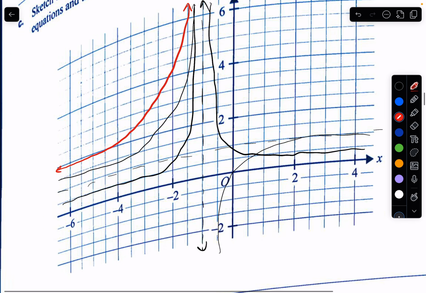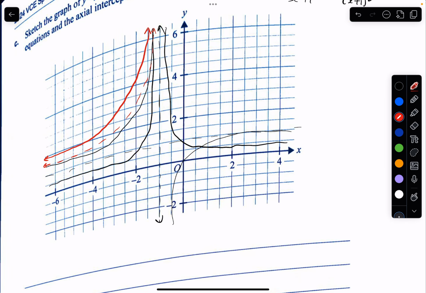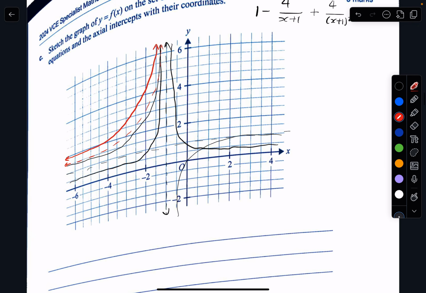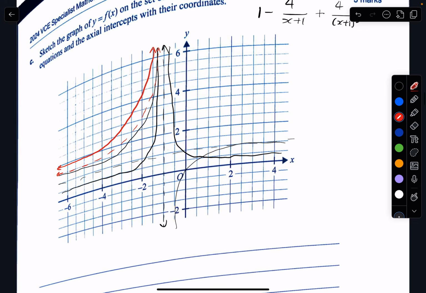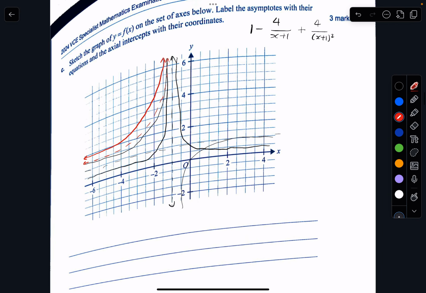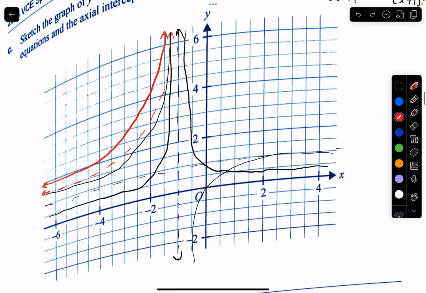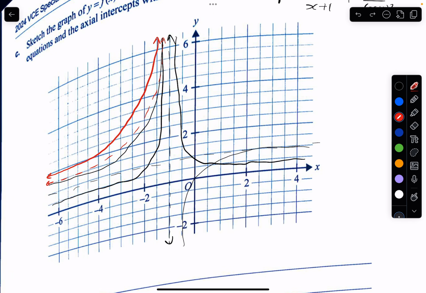And what you can do is draw that asymptote, okay? Now for this side, it's a bit weird. So we've actually got a negative infinity and a positive infinity, but this one's a lot bigger.